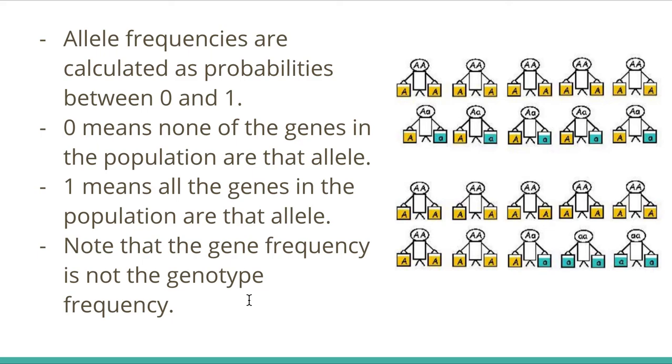We have a single heterozygote, but then we also have 2 homozygous recessive individuals. And the really interesting thing about this one is that in these 2 populations, the frequency of the dominant and recessive alleles is the same. So the genotype frequency does not necessarily equal the gene frequency. And one set of gene frequencies in a gene pool can describe multiple very different populations depending on how they're dispersed throughout.